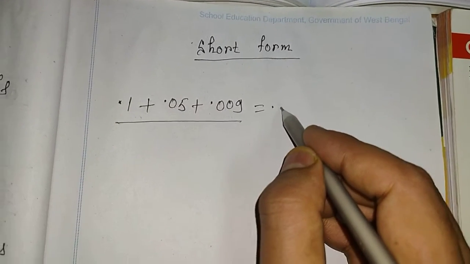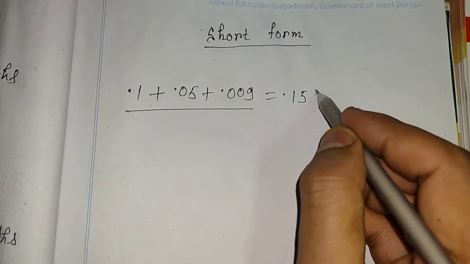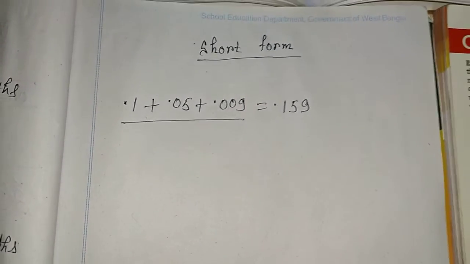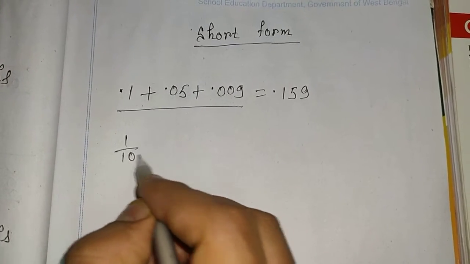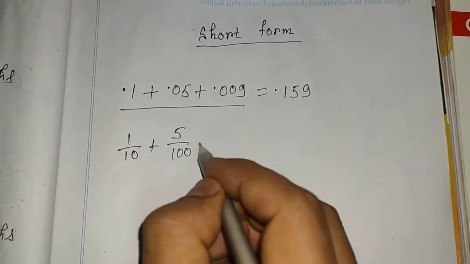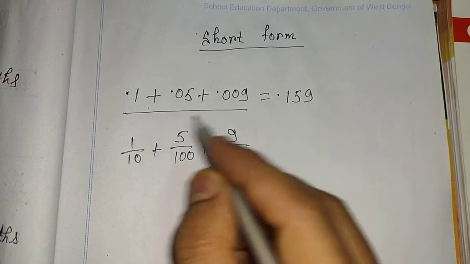Like 0.159. Also it can be given like 1/10 plus 5/100 plus 9/1000. So it is the expanded form.